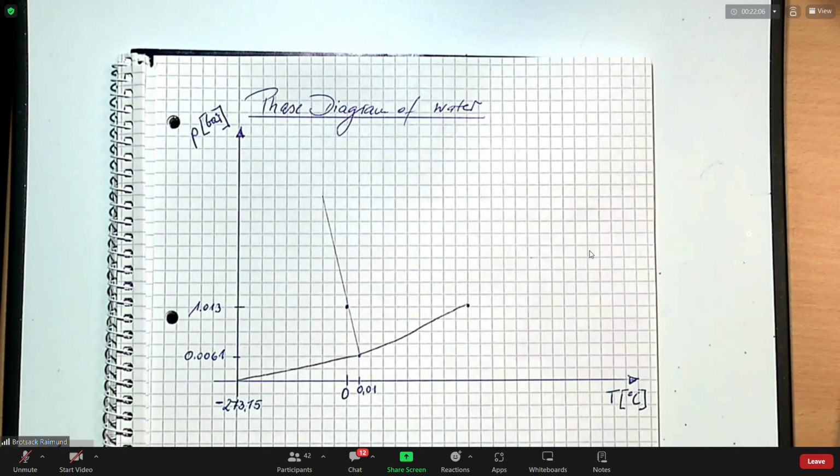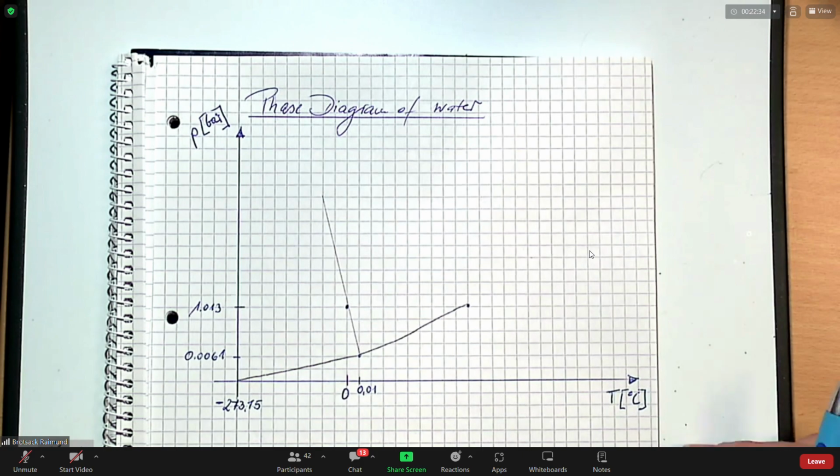And there is one other point, which is called the critical point of water. Did you hear about that? The critical point of water. This is where we have a phase, we call it a kind of plasma. So we have a critical water, and this exists at quite high pressure.